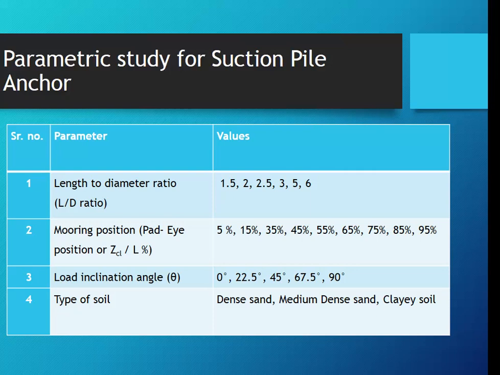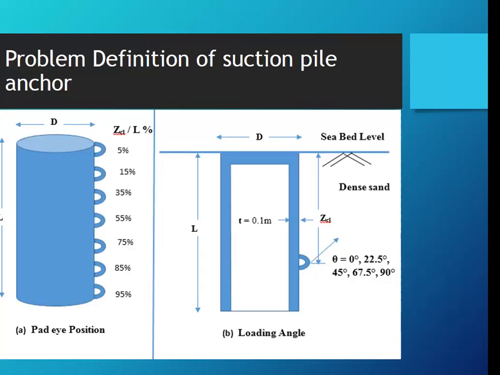These are the parameters of the parametric study for the suction pile anchor: the length to diameter ratio, which varies from 1.5 to 6, and the mooring position, called the pad eye position, which I will describe later, varying from 5% to 95%. The load inclination angle varies from 0 degrees to 90 degrees. The soils taken for the analysis are dense sand, medium dense sand and clay.